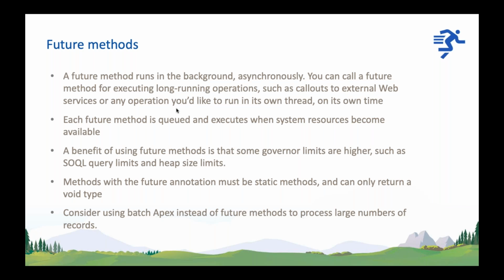So without making the user wait, we can send some request to a future method which will execute in a separate thread, its own thread, right? Each future method is queued and executes when system resources become available.